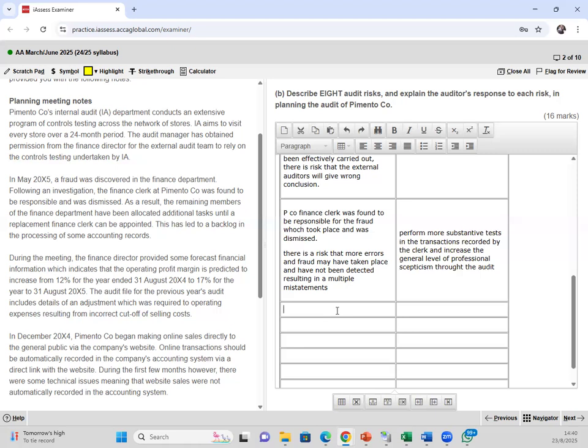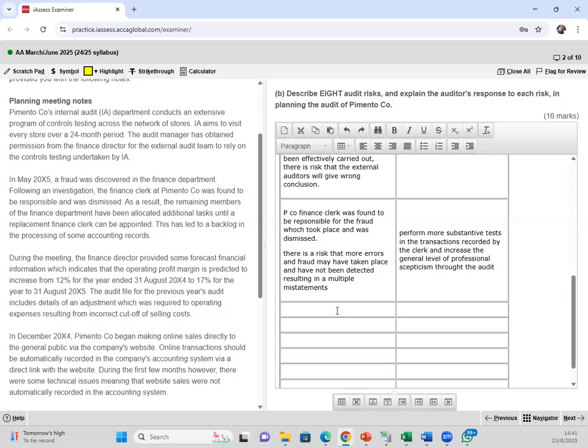During the meeting, the finance director provided some forecast financial information, which indicates that operating profit margin is predicted to increase from 12% to 17% for the year ending 31 August 2025.